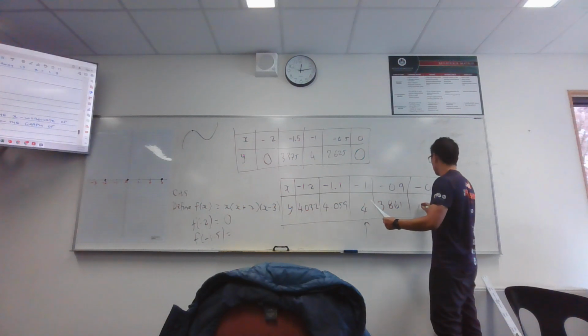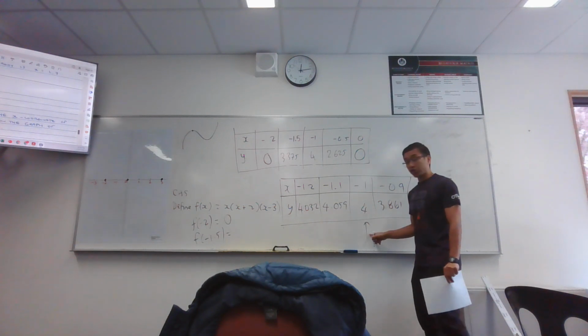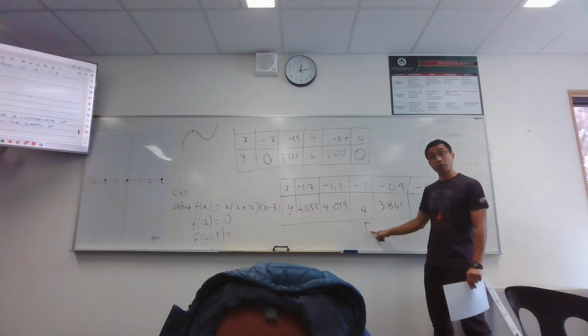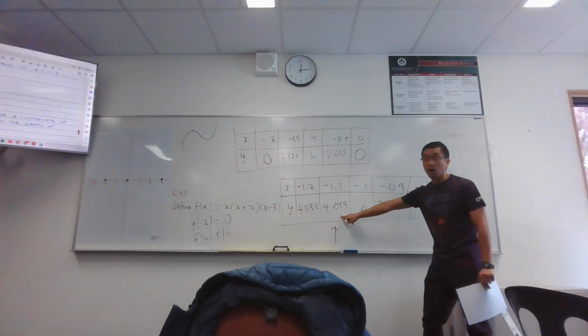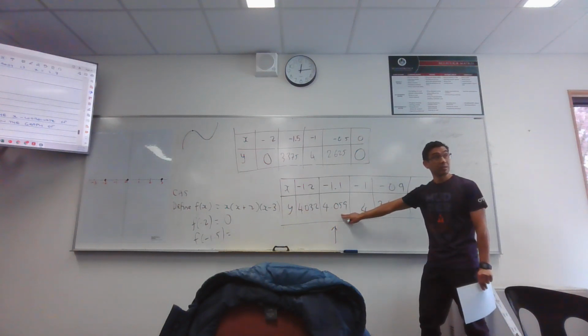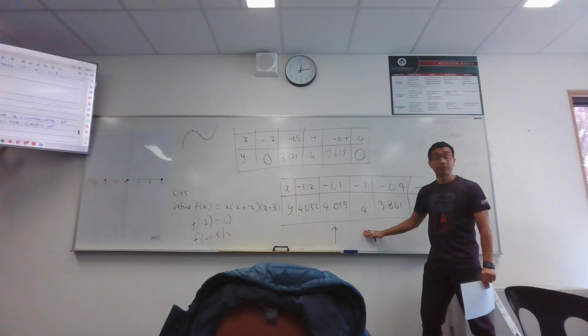And the last one is 3.648, I think. Yes. So we assumed that the turning point is at 4. But where is it actually closer to? Negative 1.1, because that's the highest value on the hill. It starts to decrease out on the left and to the right.